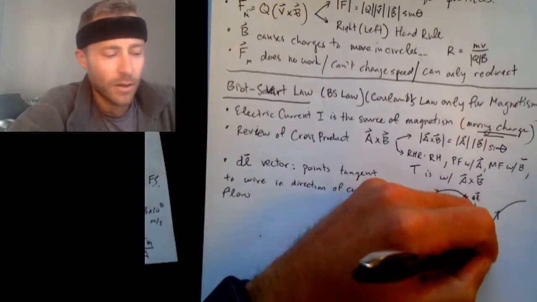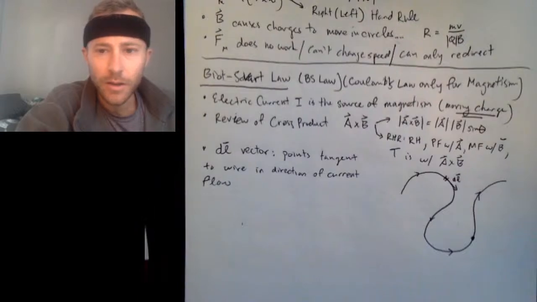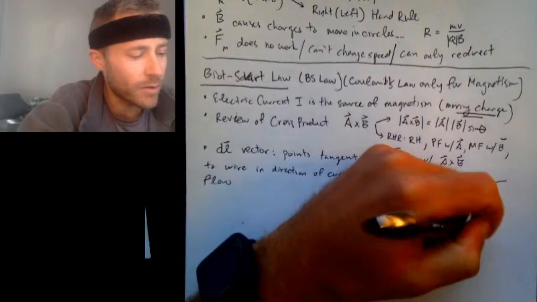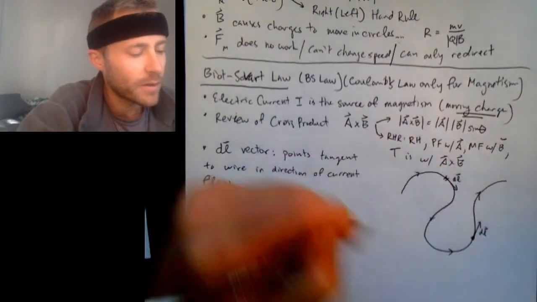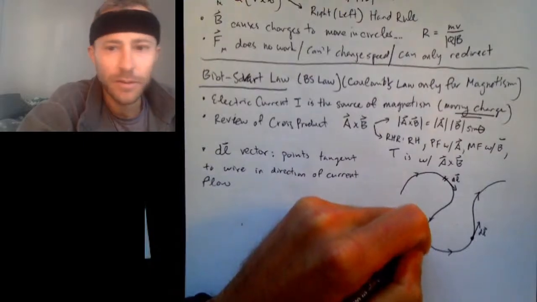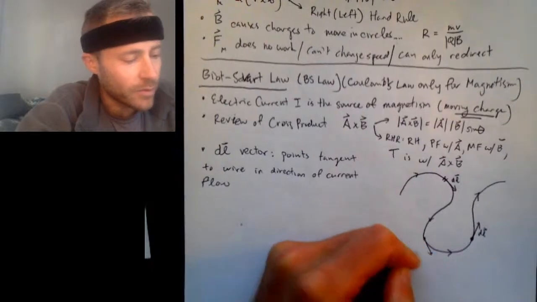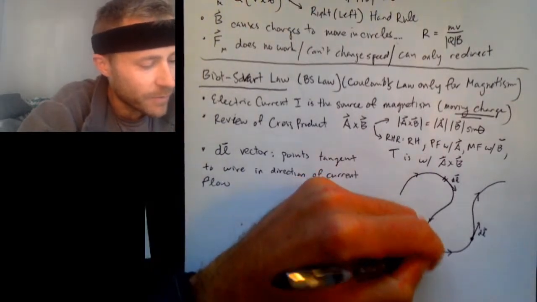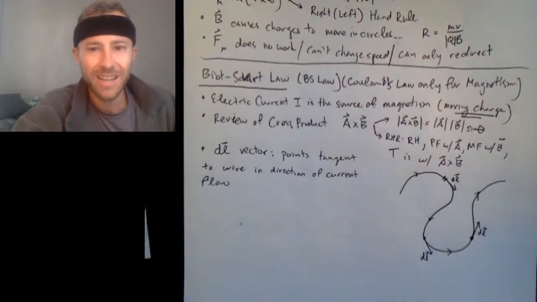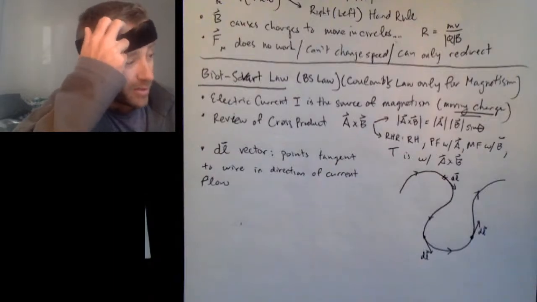How about right here? The dl vector points tangent to the wire in the direction of current flow. What about right here? The dl vector points tangent to the wire in the direction of current flow. Okay, so no matter where you are along the wire, it points tangent to the wire in the direction of current flow.